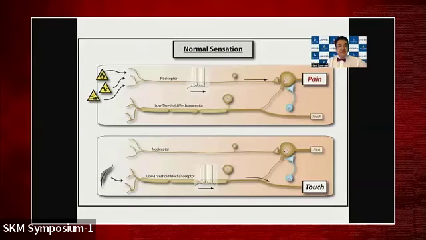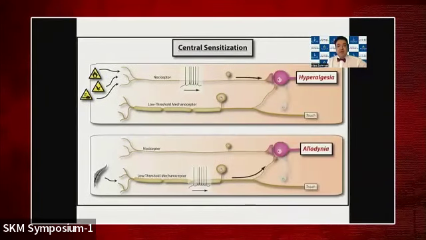This is another way to understand it. In the normal situation, when anyone has a burn or injury, they feel pain, and that's normal. And if someone touches them softly, they feel touch. That's normal. But when the patient develops central sensitization, a pain which anyone would normally feel as a 3 or 4, the patient might feel as more than 10 out of 10.